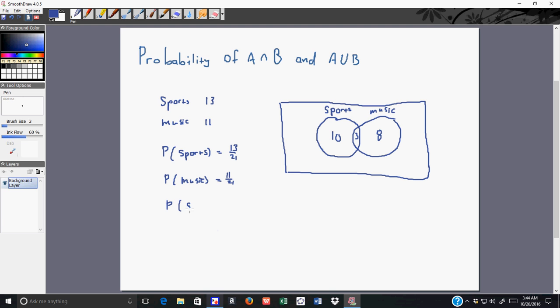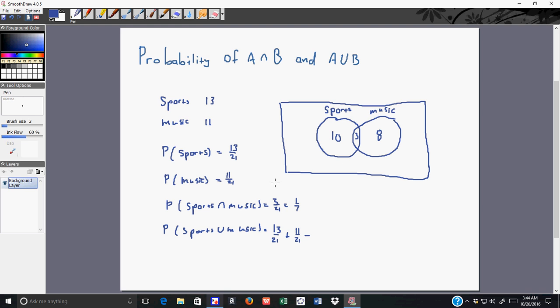The probability that somebody is playing sports and music is 3 out of 21, which is 1/7. But the probability that they play sports or music, I'd have to take all the people who play sports, which are 13 out of the 21, plus all the people that play music, which is 11 out of 21.